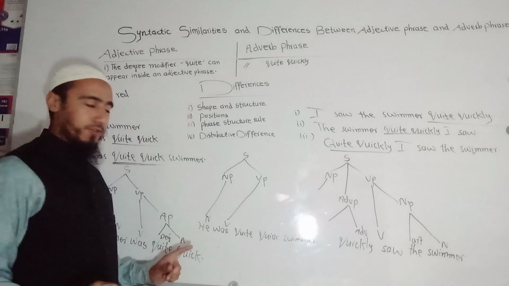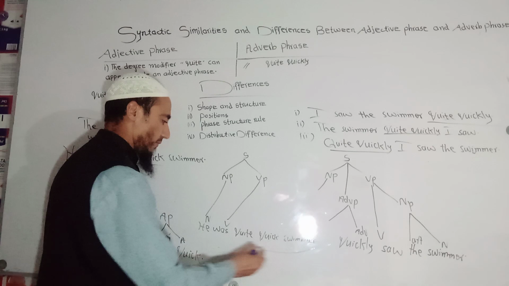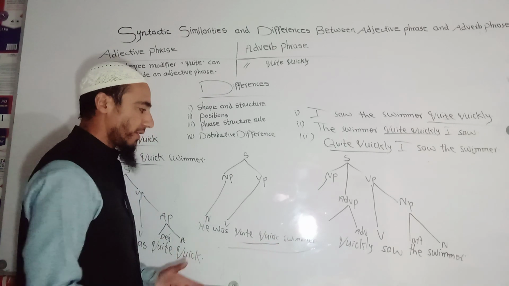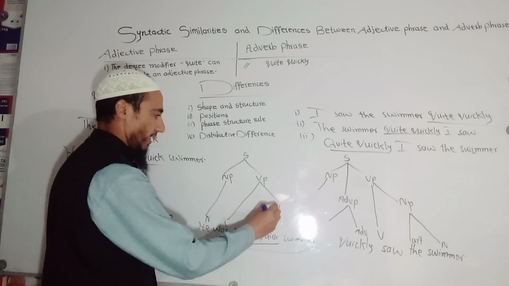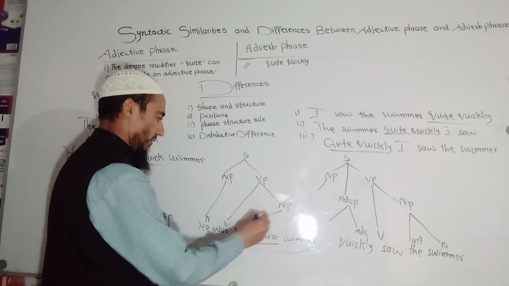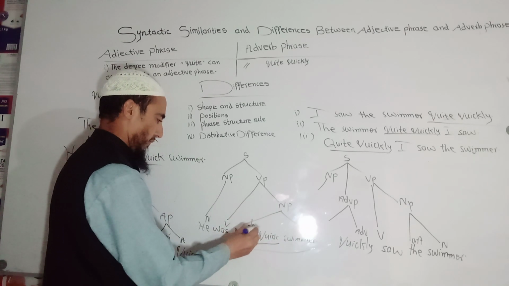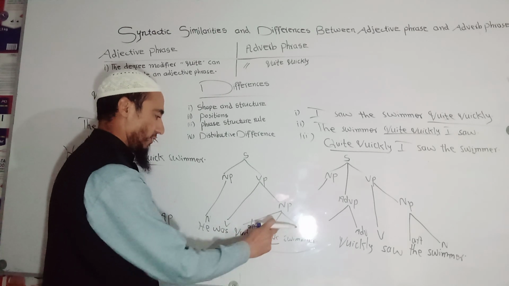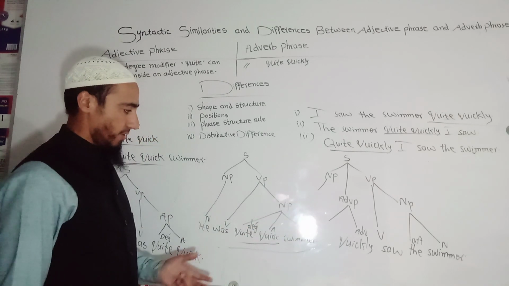Now there is an option for you. Either you may take the whole string as a noun phrase, or if you take a separate phrase, then you may take a separate string for it as well. For example, we take the whole string as NP, with a degree modifier, then AP, adjective phrase or just adjective, and N. This is one method.